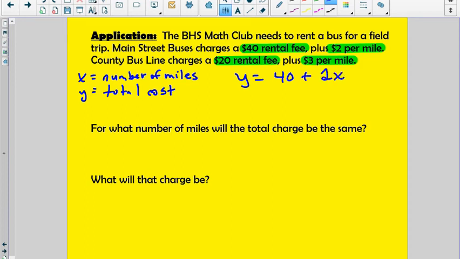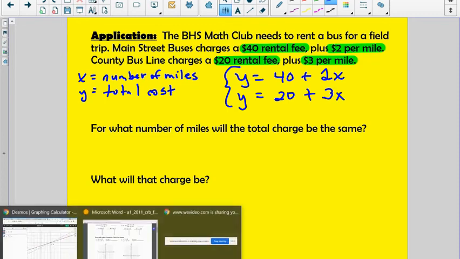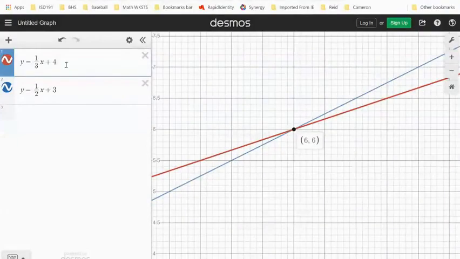So we write that as 2 times x, which was the number of miles. For County Bus Line, we have a total cost of $20 for the rental fee plus $3 per mile. So when we put that together, that's our system of equations, where x represents the number of miles and y represents the total cost. Let's use Desmos to graph our two equations.